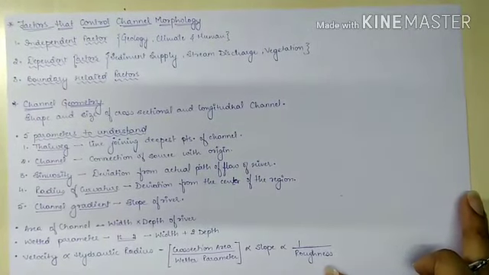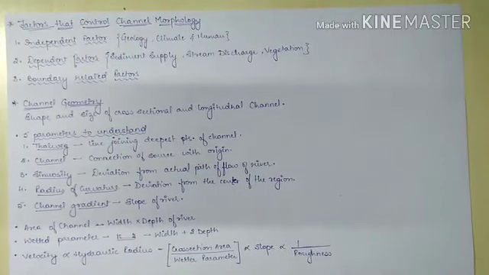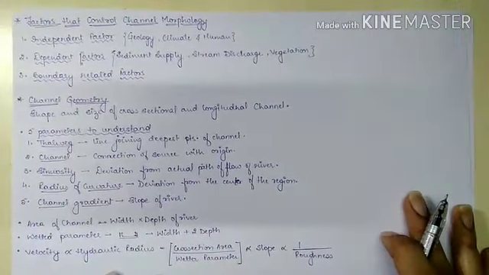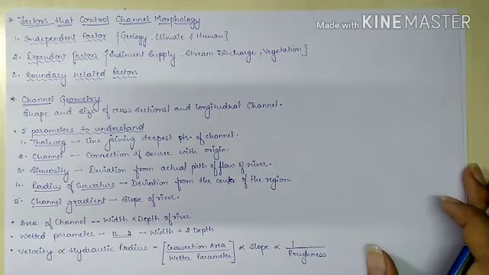Now, as we have done channel structure, we will look into the factors that control channel morphology. Channel morphology is controlled by three basic factors. They are independent factors, which are imposed on the watershed.